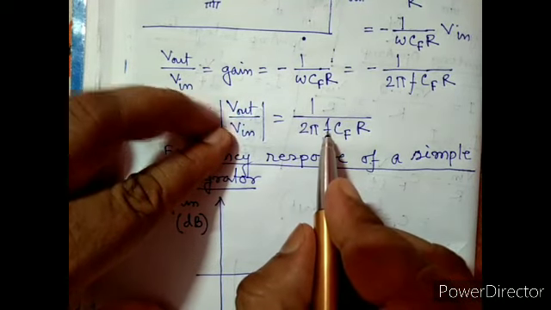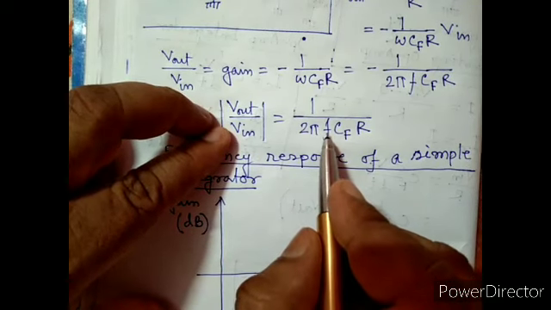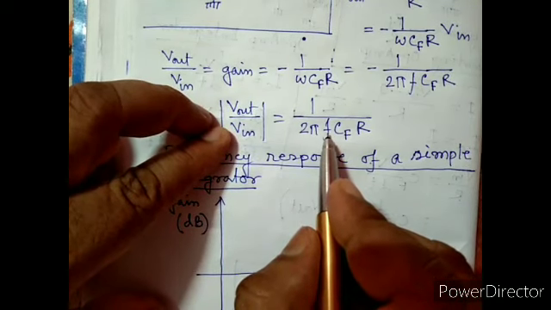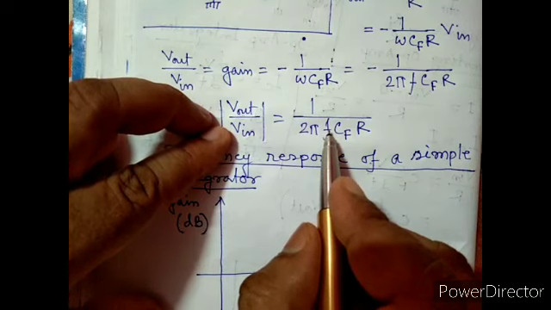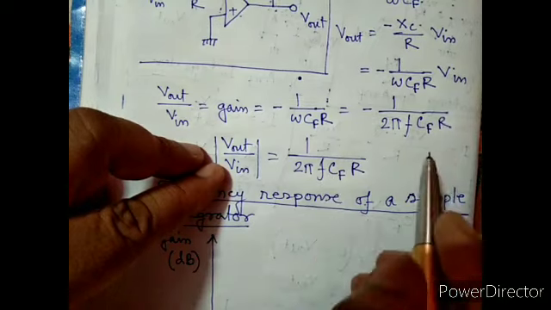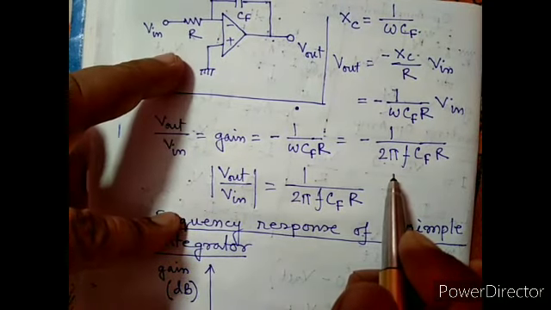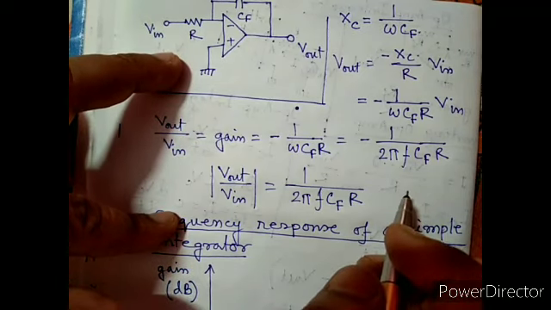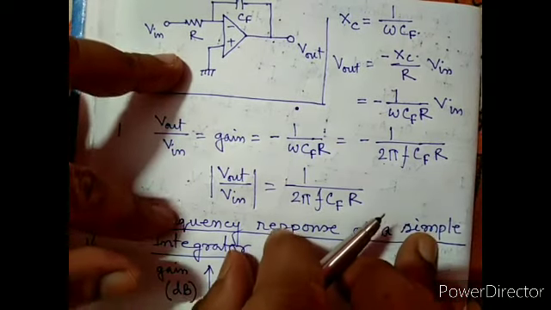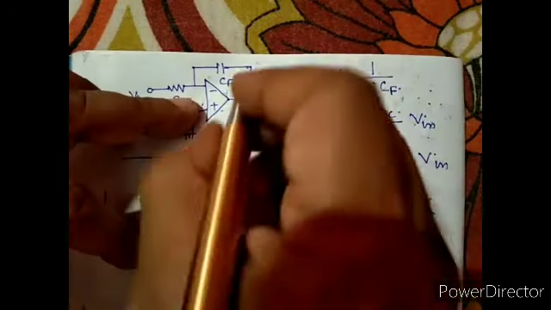If we apply a DC input, then f equals 0, so theoretically we will get infinite gain, but gain is limited by the supply of the operational amplifier.